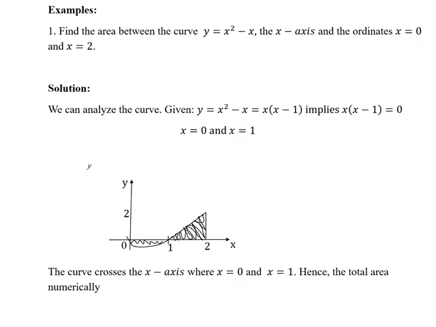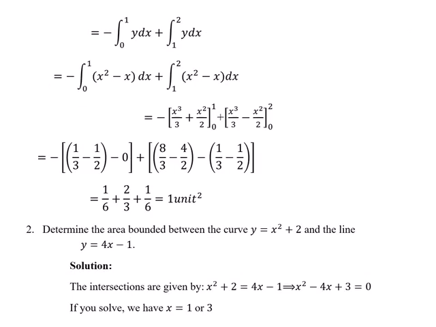Hence, the total area numerically is equal to minus integral y ds from 0 to 1 plus integral y ds from 1 to 2, just as we have seen in that graph. It's from 0 to 1 and 1 to 2. So this is how it is going to look.